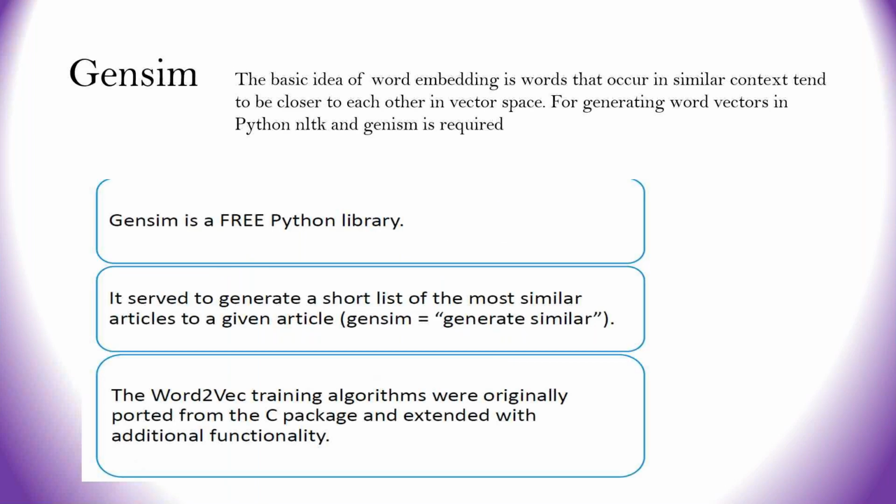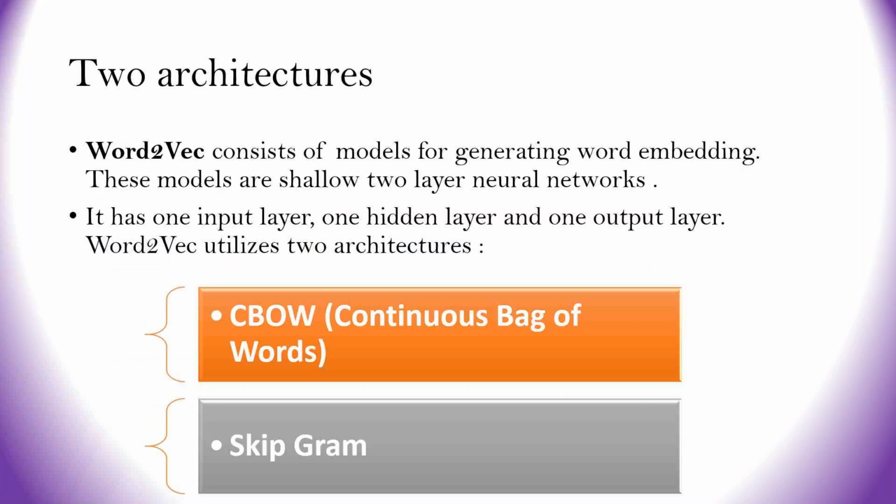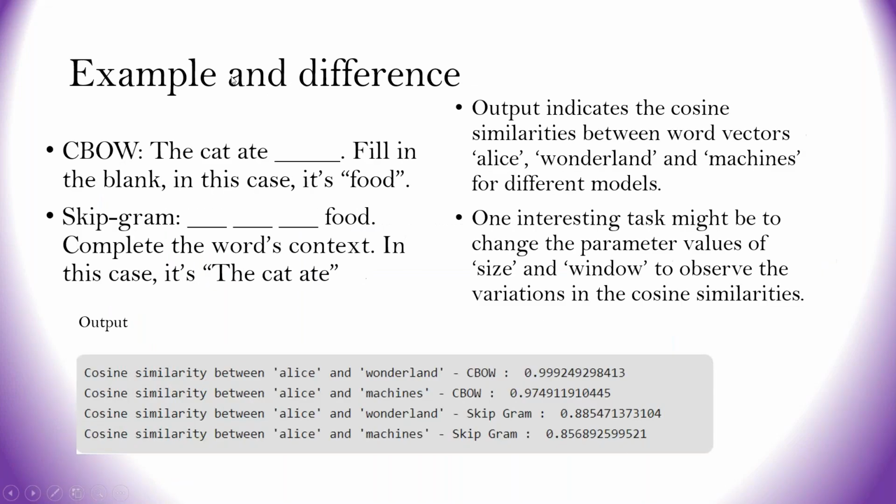There is an example here showing the difference between CBOW and skipgram. The cat ate dash, fill in the blank. In this case, maybe we can give food. The output indicates the cosine similarity between word vectors, but we will not look at that. For skipgram, there are three dashes and if you give food, complete the word context: the cat ate food.